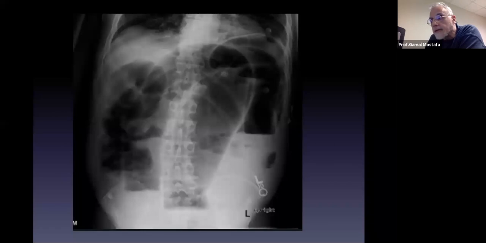So there is a lot of information that you need when you see this plain film. And this is what we tell our trainees: the dictum, the aphorism, is that anybody with a dilated colon on a plain film needs some kind of contrast study from the rectum, so you know what you're dealing with.